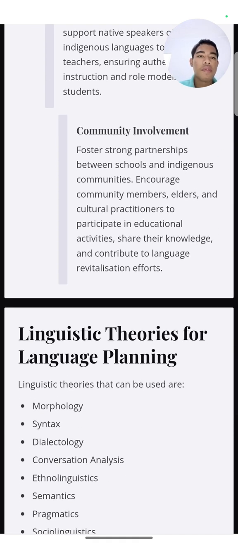Community involvement. Foster strong partnerships between schools and indigenous communities. Encourage community members, elders, and cultural practitioners to participate in educational activities, share their knowledge, and contribute to language revitalization efforts.